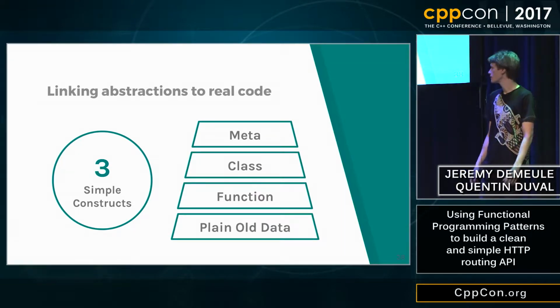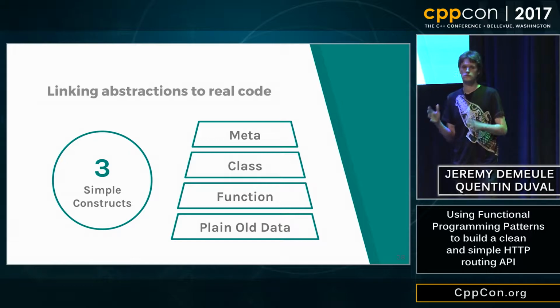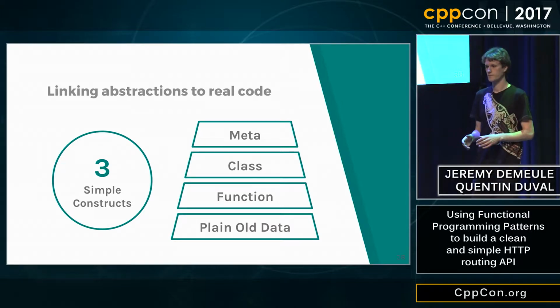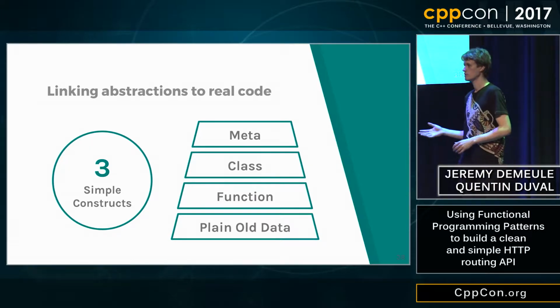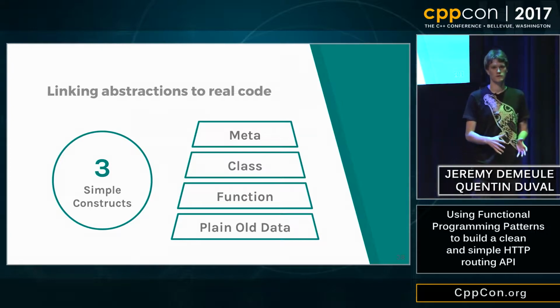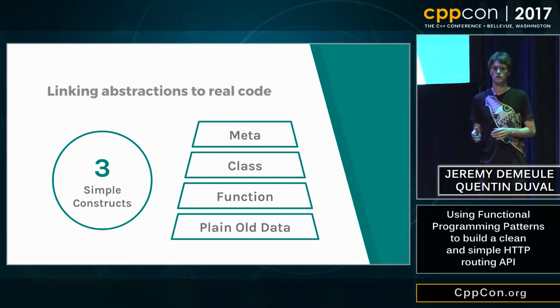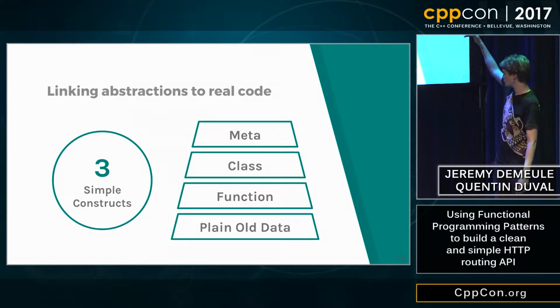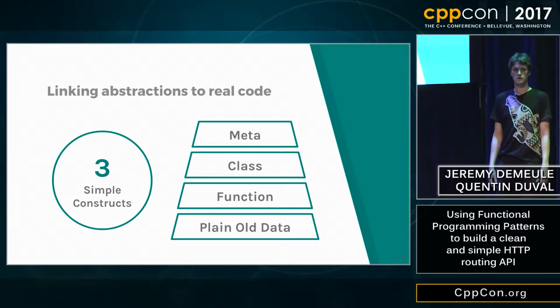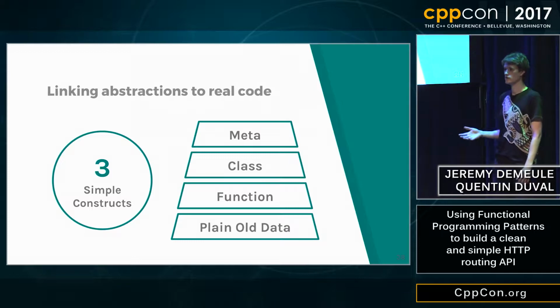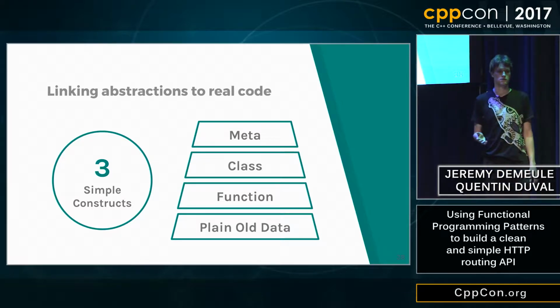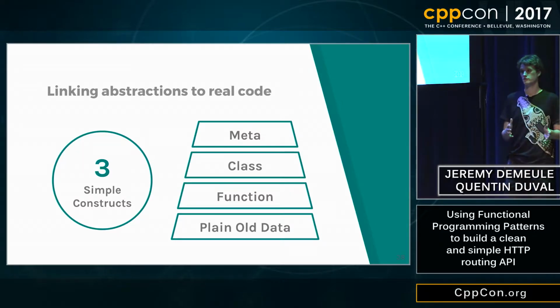Third idea is to keep and to use simple constructs. So at some point, we have to take our concepts and put them into code. When we're going to do this, we are going to always try to go down the pyramid. So we're going to use plain old data, and by plain old data, we mean data without behavior.